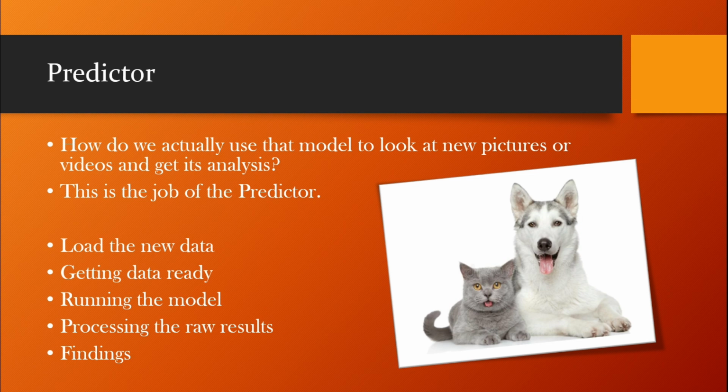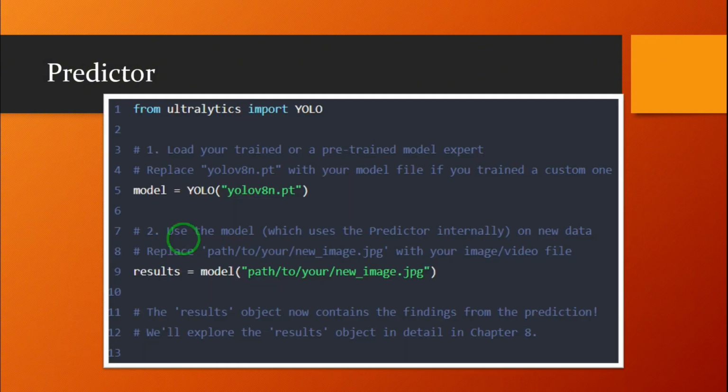The central way you interact with the predictor is by using the .predict function, which is a method of a loaded YOLO model object. Now we have one example here.